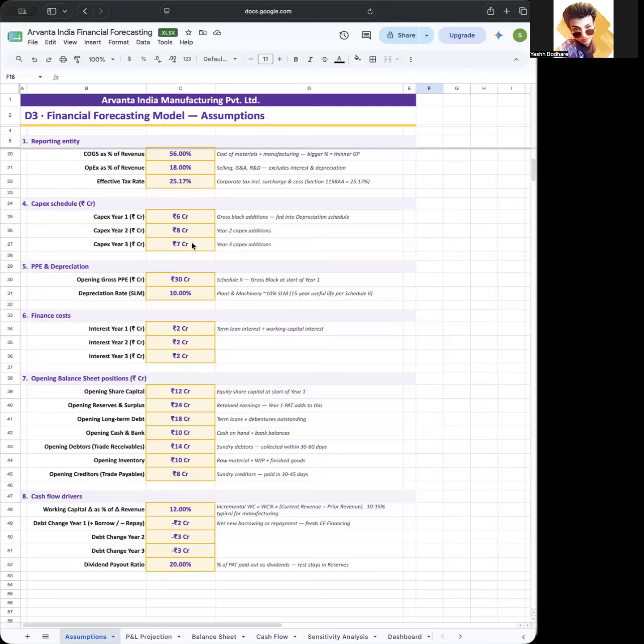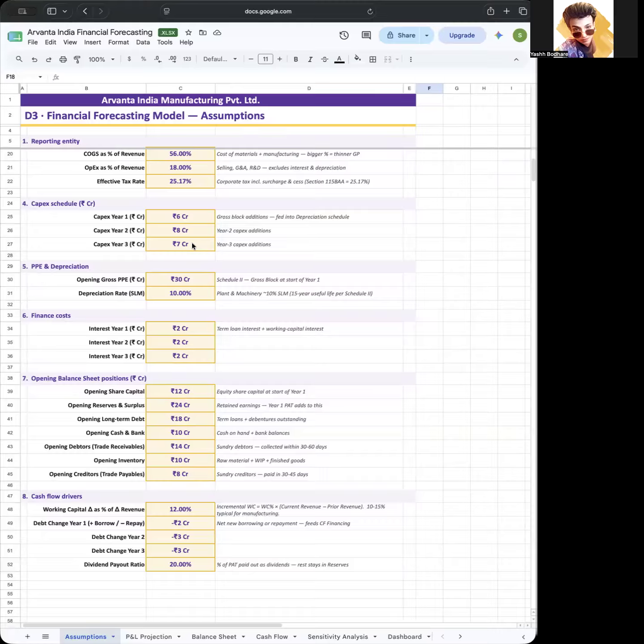It represents the original cost of the company's existing long-term tangible assets at the start of the forecast period, before deducting accumulated depreciation.